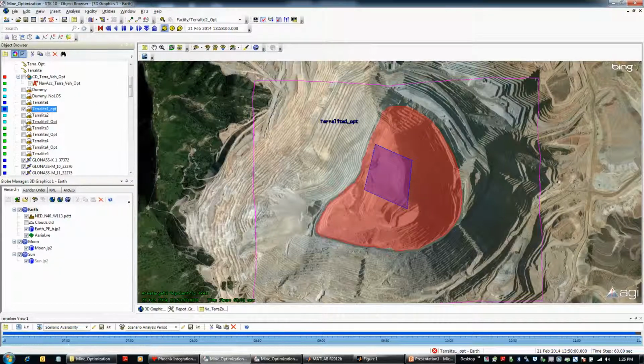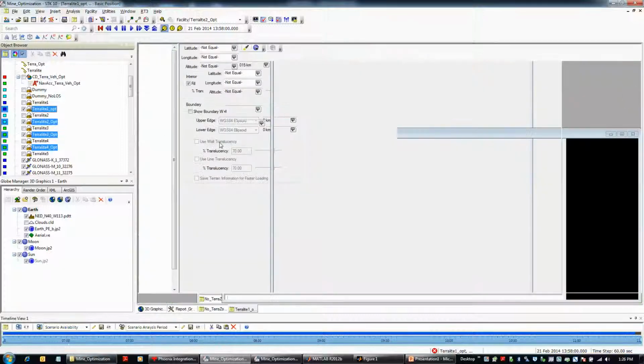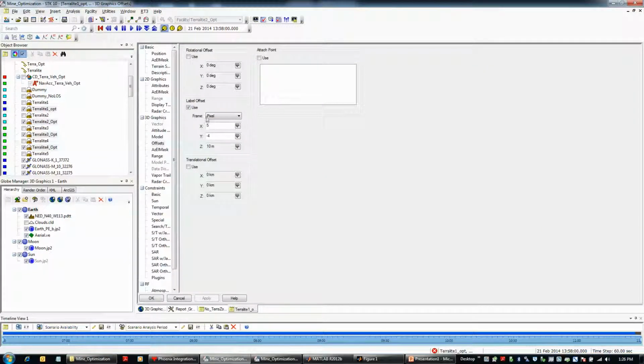I placed 1, 2, 3 and 4 of them. I took 4 terralites, and my objective is to show them. I'll just increase the size so that you can see where it is located. Just run offset.